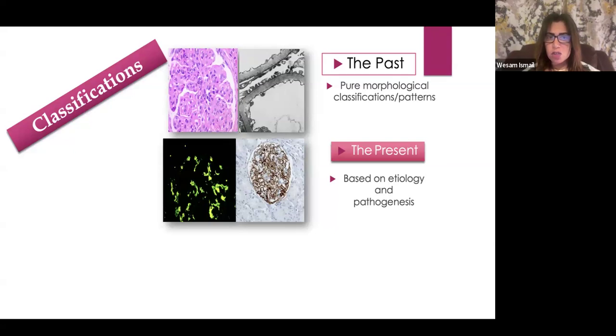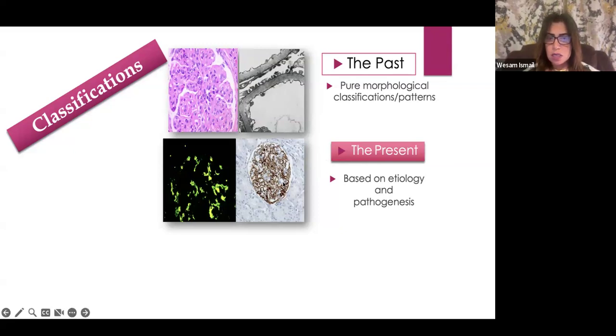All of these classifications were based mainly on light microscopy and electron microscopy studies. And if you look back, as I said, 20 years back, 25 years back, this is the way classifications were, like MPGN classification, for example, with type 1, type 2, and type 3, like membranous classification, which is stages based on EM, and all of this has changed because at present, our classifications are based on etiology and pathogenesis.